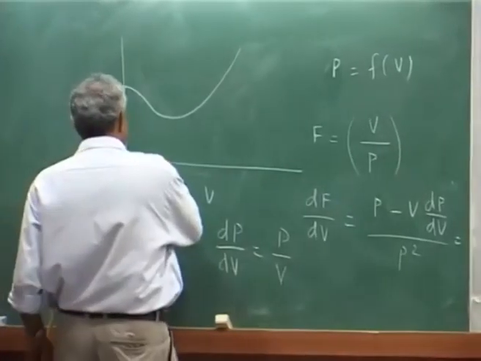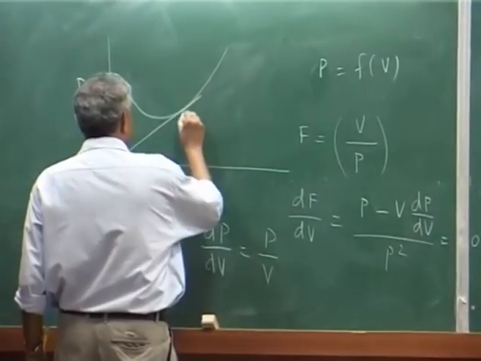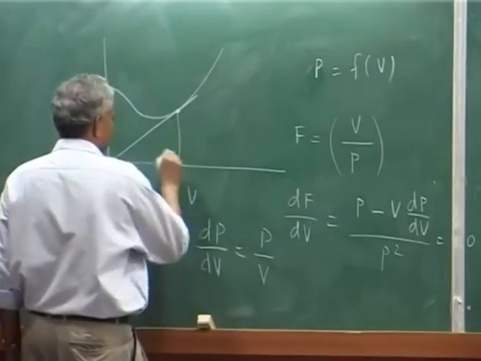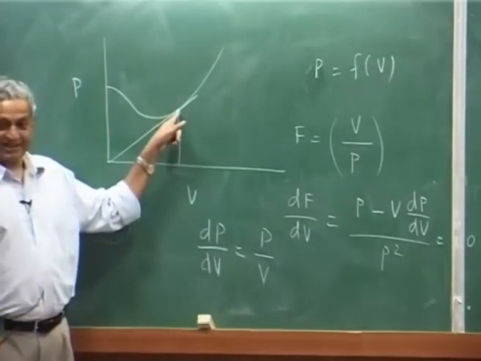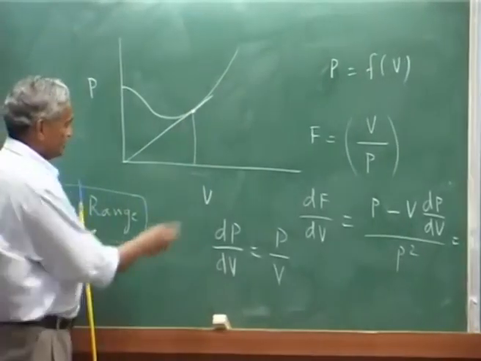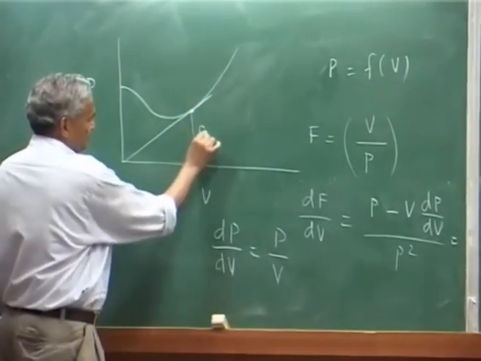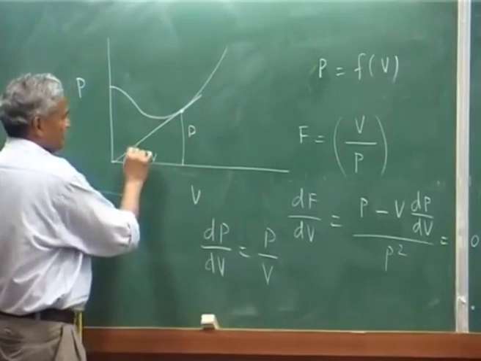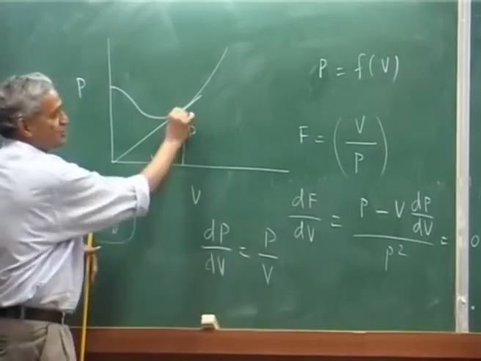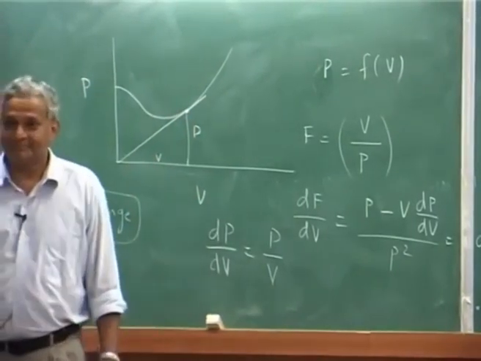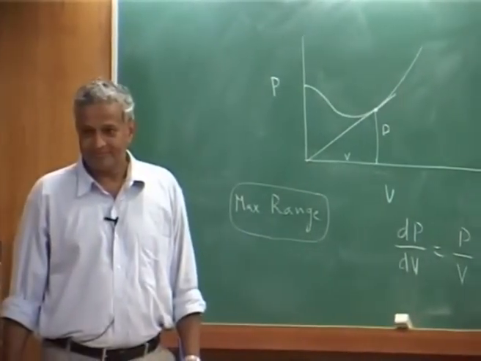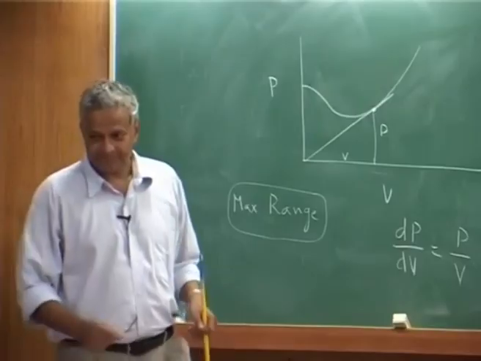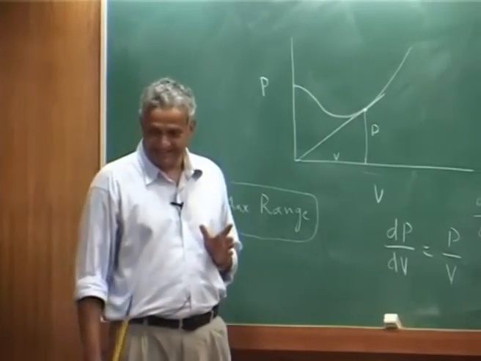So, you draw a line to this point. If you fly at this speed, because this is P over V, P over V is the slope of that. Okay. Is it clear?